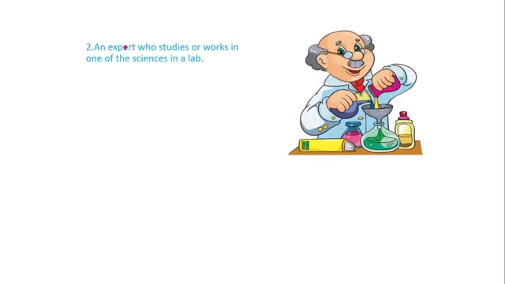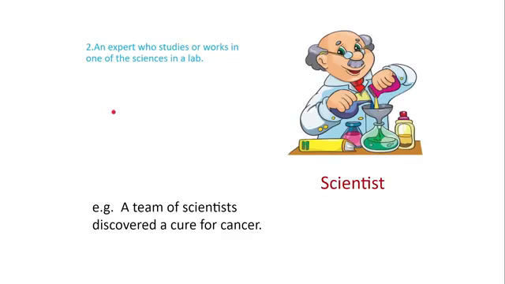Can you tell me what the word is? Super, it's scientist. Scientist is an expert who studies or works in one of the sciences in a lab. For example, a team of scientists discover a cure for cancer.